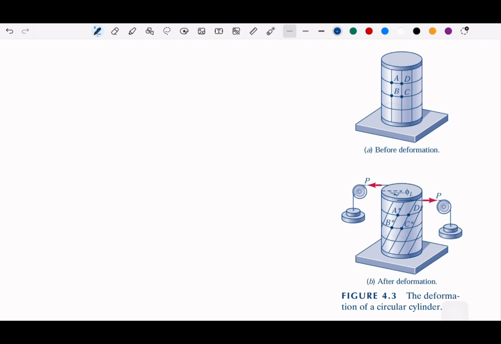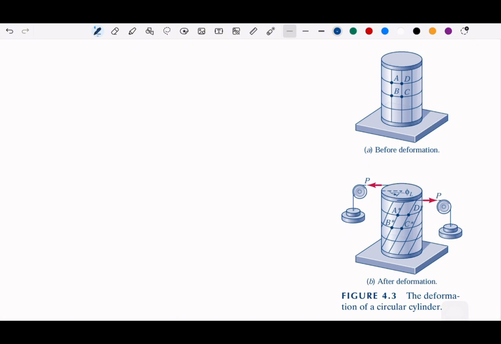You will see that points A, B, C, and D are displaced, and we have new points for A, B, C, and D. The original points have moved out, and it is twisted. So this is after deformation.